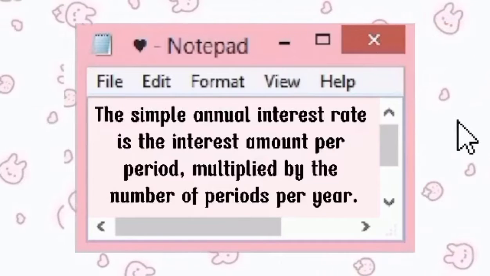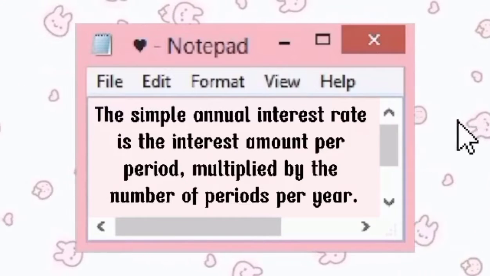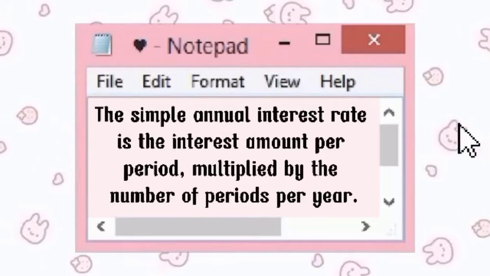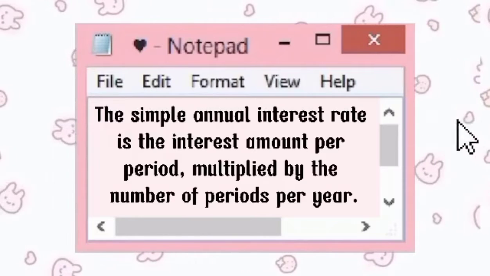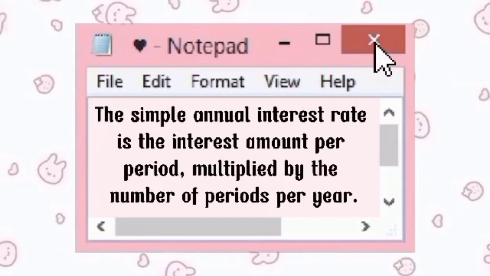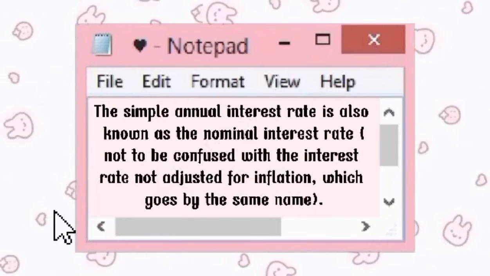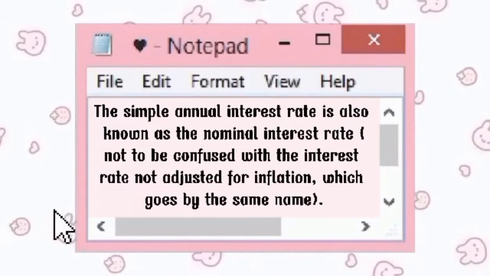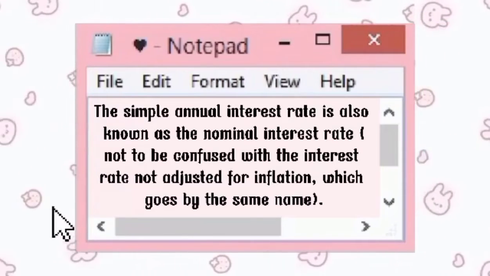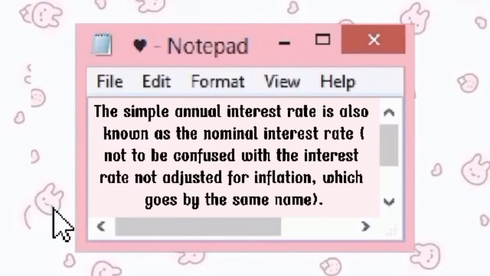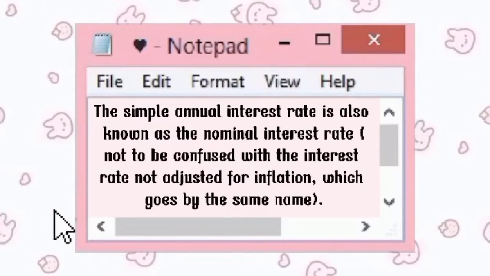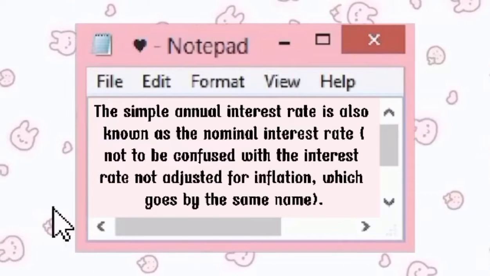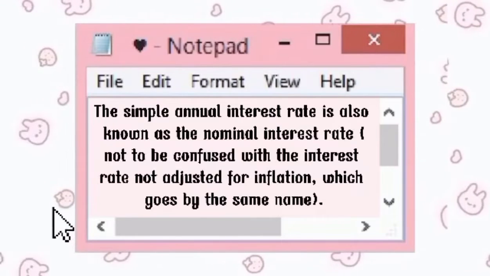The simple annual interest rate is the interest amount per period, multiplied by the number of periods per year. The simple annual interest rate is also known as the nominal interest rate, not to be confused with the interest rate not adjusted for inflation, which goes by the same name.